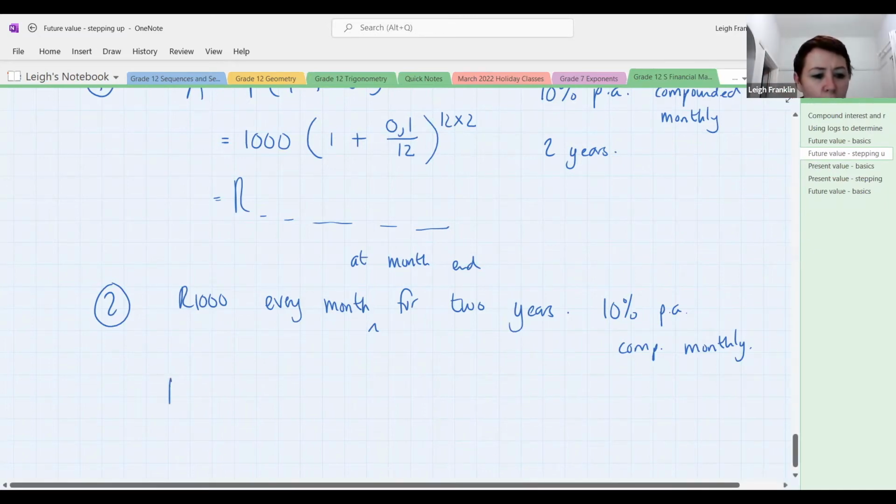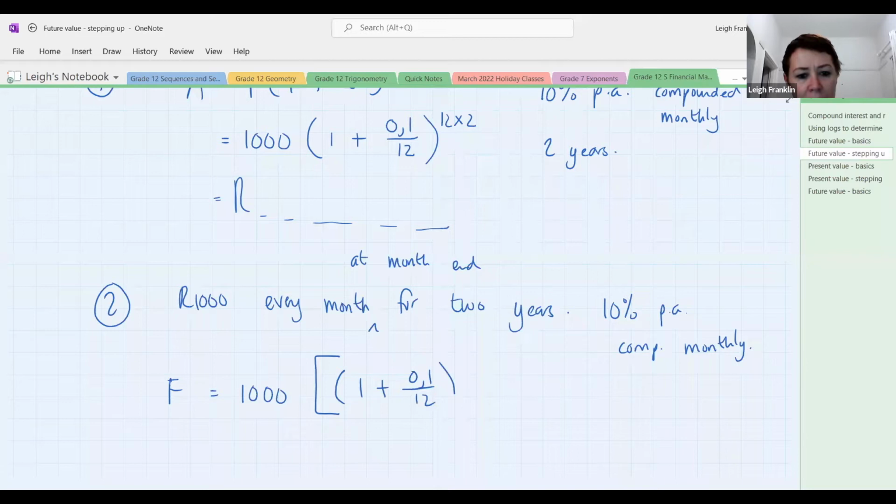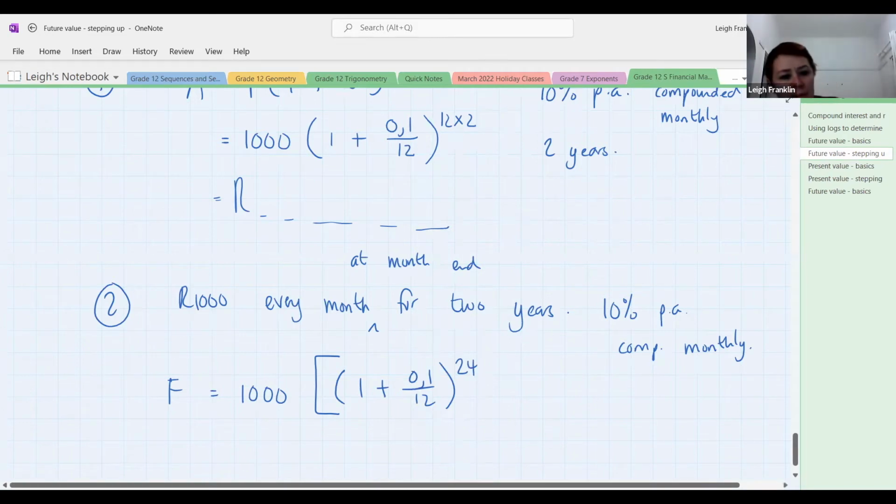So here we have to use future value, because 1,000 Rand is being deposited every month. The interest rate is 10% per annum, compounded monthly. Now N represents the number of payments that we make. So if we deposit 1,000 Rand every month for 2 years, we are going to make 24 payments.